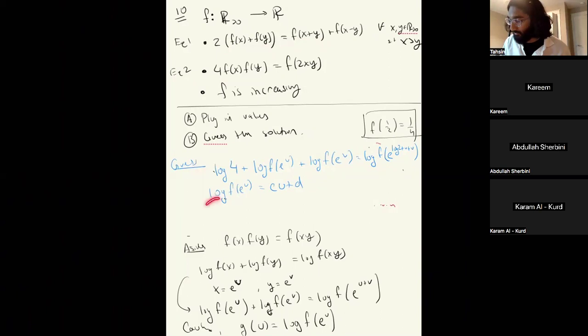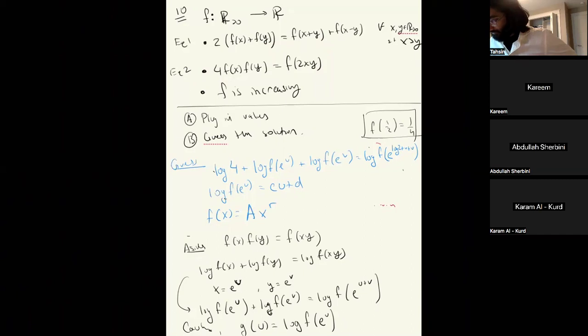Does it make sense what I've gotten here? Yes. Good. And so what is the point of all of this? It means that f of x should end up being something like some constant we need to determine times x to some power.